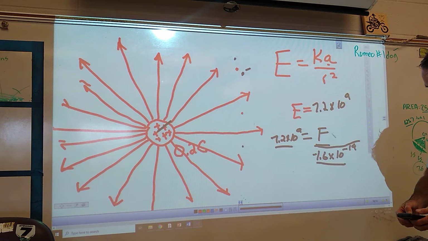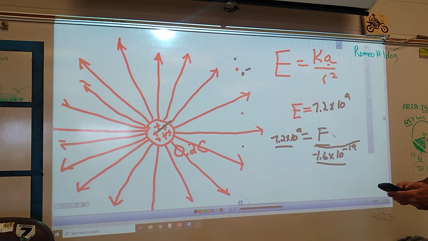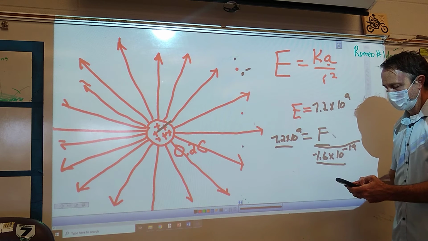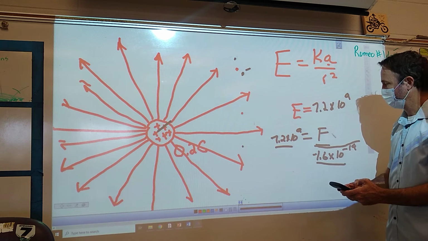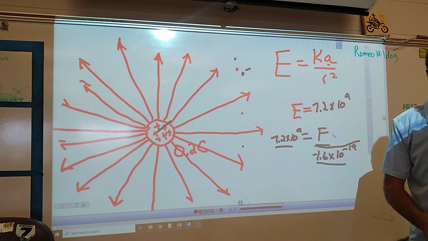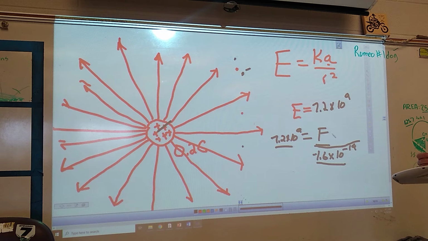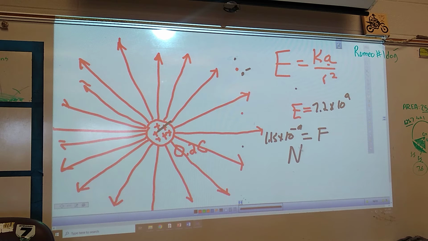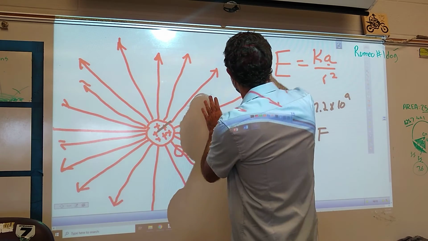These two numbers multiply by each other. 7.2 times 10 to the 9th times 1.6 times 10 to the negative 19th equals 1.15 times 10 to the negative 9 newtons. So that's literally how much force, how hard it will be pushing on one electron.